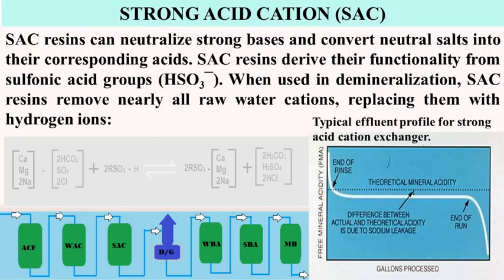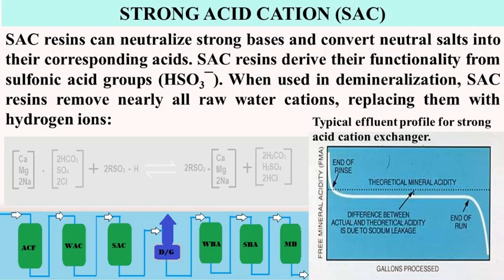And FMA is usually slightly lower than the TMA, because sodium leakage is always there slightly from the cation exchanger. The amount of leakage actually depends upon the regenerant level, flow rate and the proportion of sodium to the other cations which are present in the raw water.